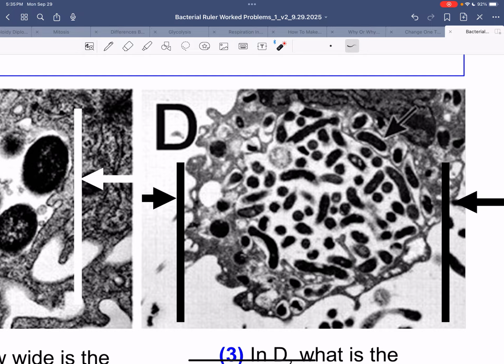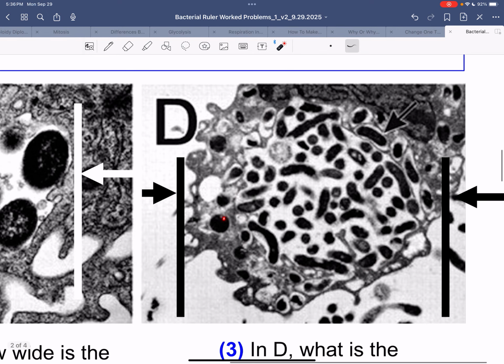Can we see anything else in here that we can identify? Well, these bacteria are all in here. These may also be bacteria. They're pretty dark, and so that would be my guess. They're also bacteria. Up at the top here is a boundary. I hope you can see this dark line along here. And that is a fairly thick line.